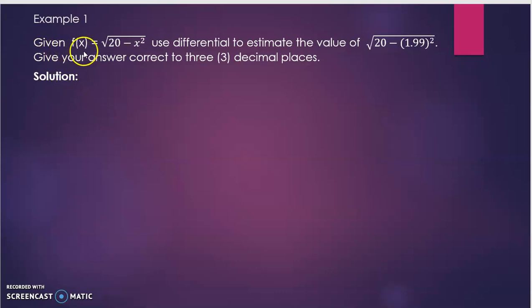Let's say given f(x) is equal to the square root of 20 minus x squared. Use differential to estimate the value of this one. Give your answer correct to 3 decimal places. In this case, the function is given, and this is the value that we're going to estimate.